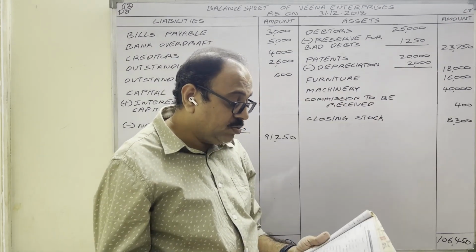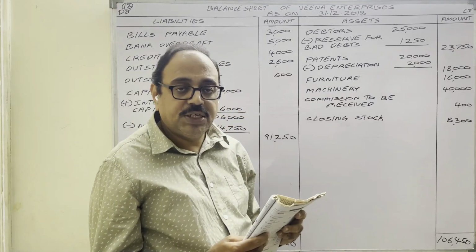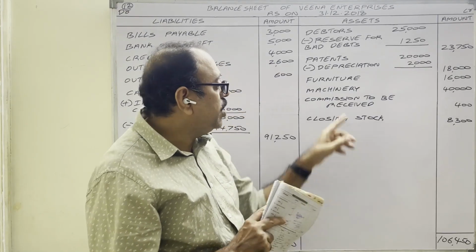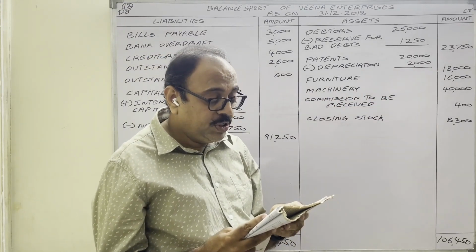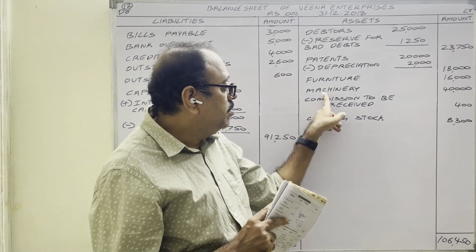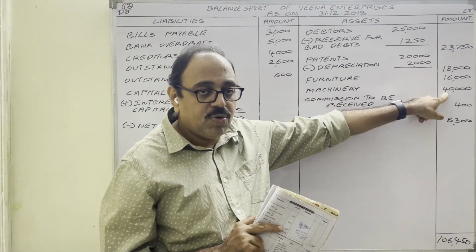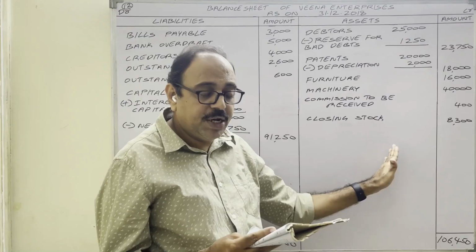Next, discount. Freight, furniture, asset, no adjustment, therefore amount directly in outer column 16,000. Speed post charges, machinery is also an asset, no adjustment, therefore amount in outer column 40,000. Legal charges. Debit side completed.